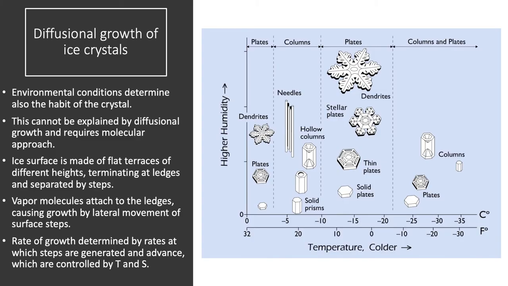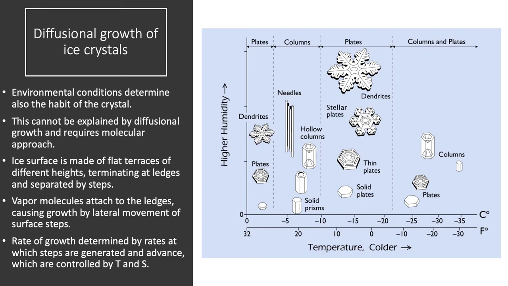Okay, and so what I wanted to say about habits, ice crystal habits. Ice crystals that form at different temperatures and different humidity conditions have different shapes. Okay, this is a very approximate table, but it kind of helps us understand what's going on.